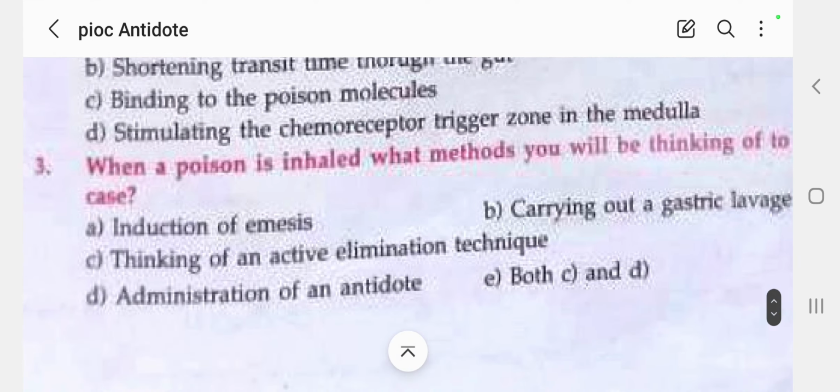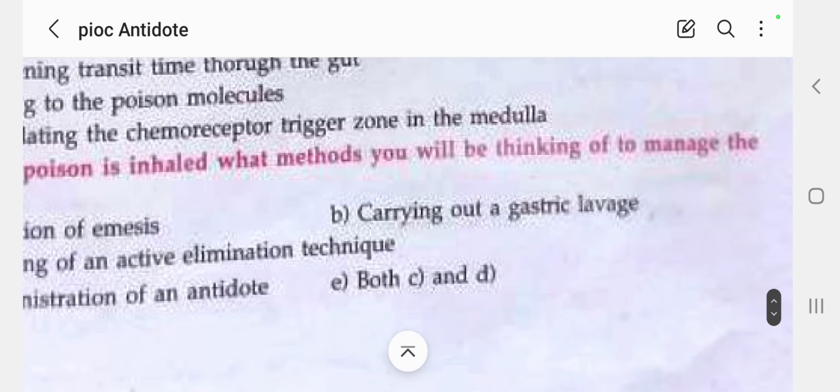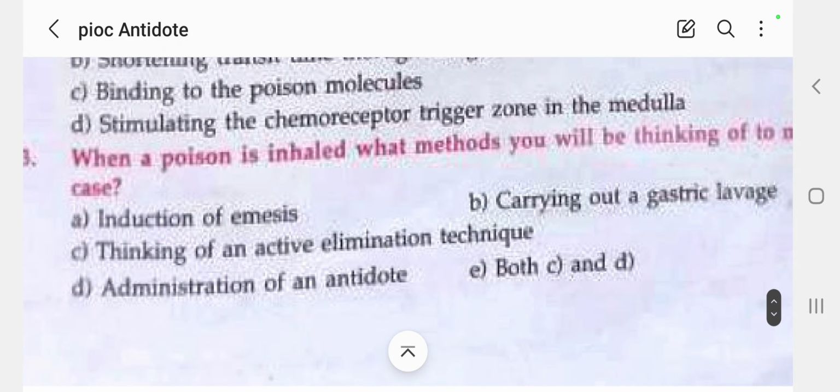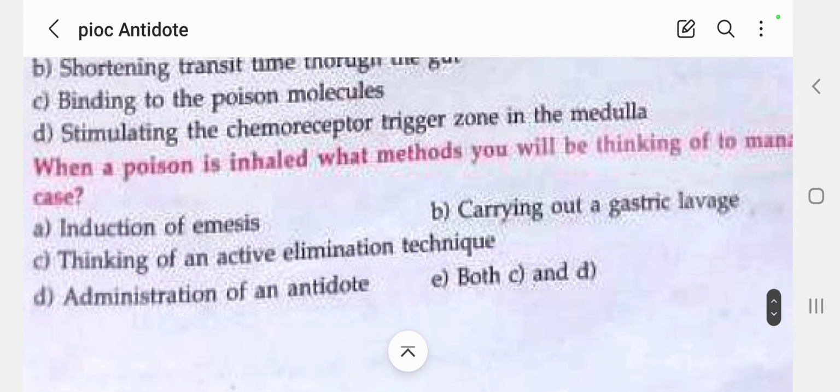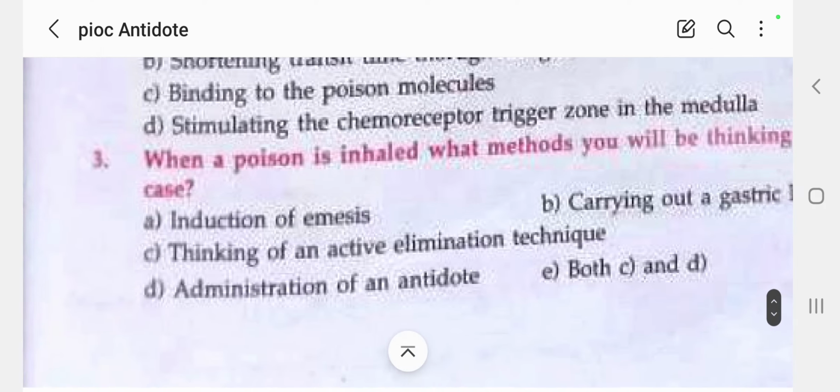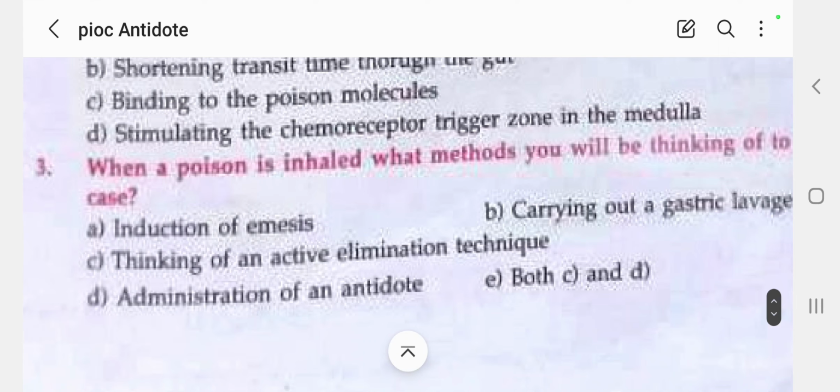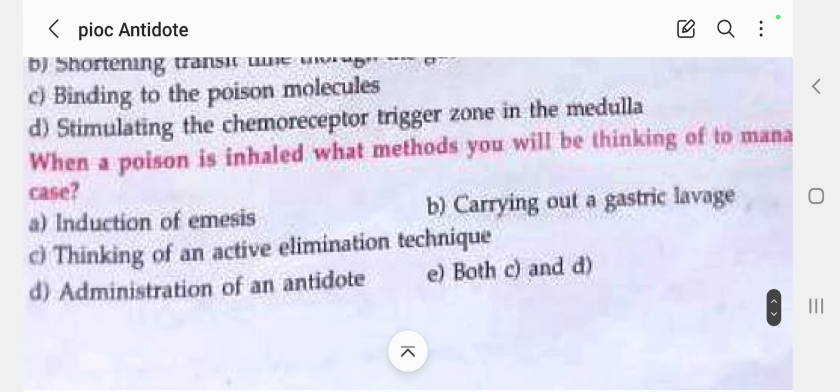Then next, when poison is inhaled, with what method will you manage the case? So when a poison is inhaled, how do you treat the person?